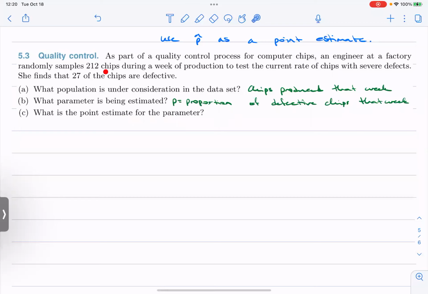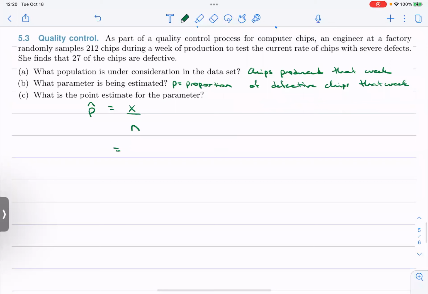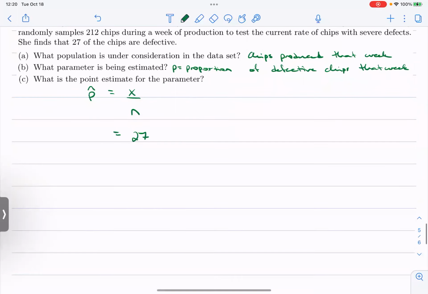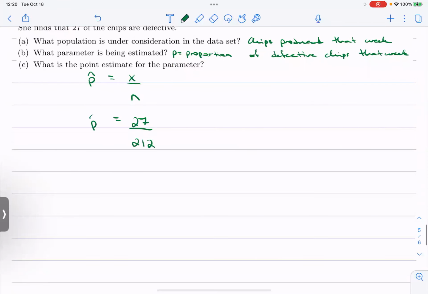Well, we only collected 212, and it sounds like they're producing a lot more than 212. And so the point estimate p hat is going to be X over n, which in this case is 27 divided by 212. And I find that my p hat is roughly 0.127358496.